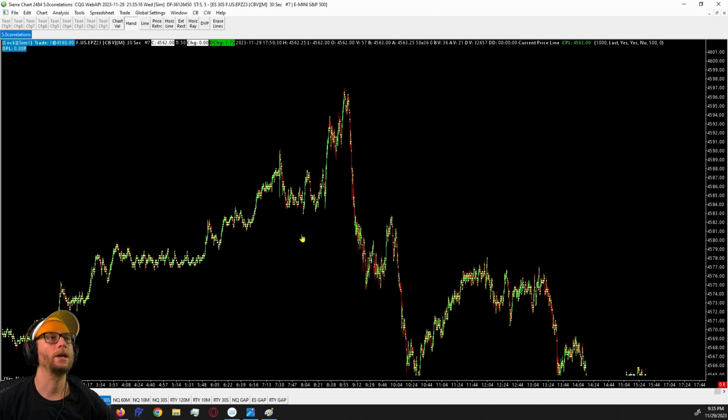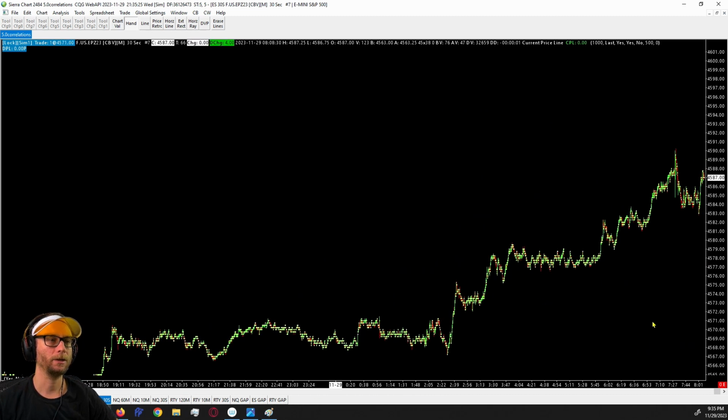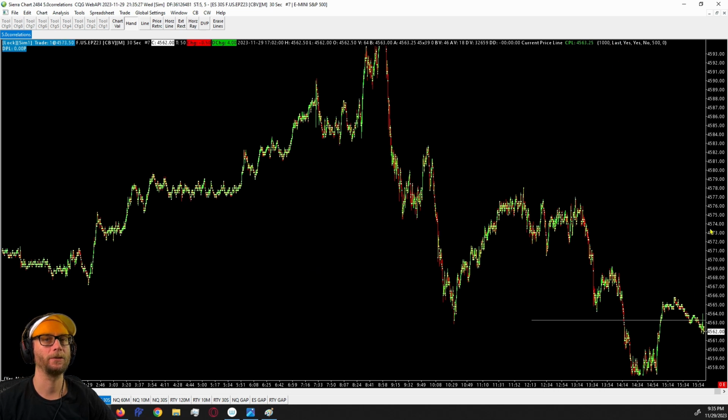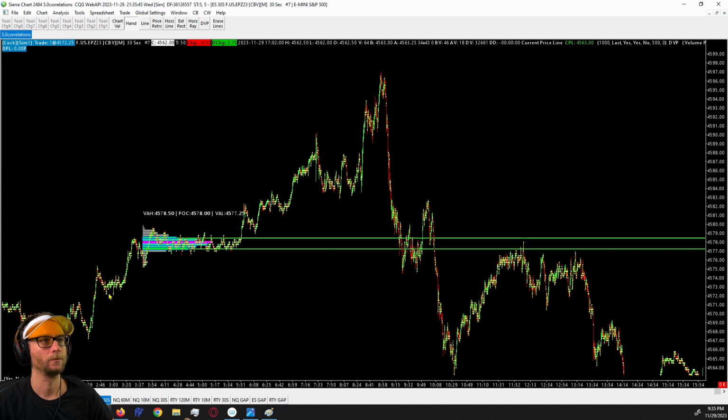So what we know is you get range expansion. I mean, look, you got a range here, and it just happens all the time. Let's look at today, though. So you have a range there, and then you kind of have one here, and then one up here. So this is stacking. If we were to draw this, I'm not going to draw all of the PVAs like I did on the other one.